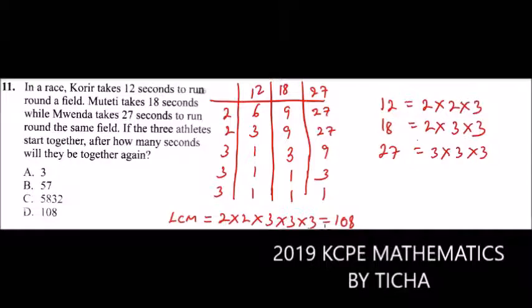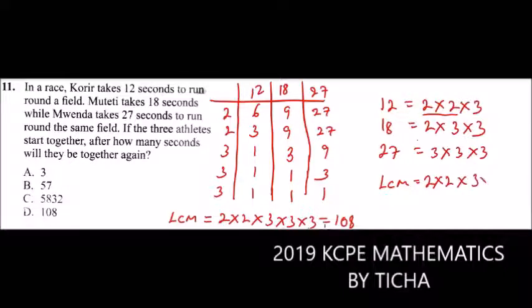You get the factors. And to get the LCM, you normally take the factors with the highest power. So we have 2 times 2, because here we have only 1, 2, multiplied by 3. Here we have 3 squared, and here we have 3 cubed.